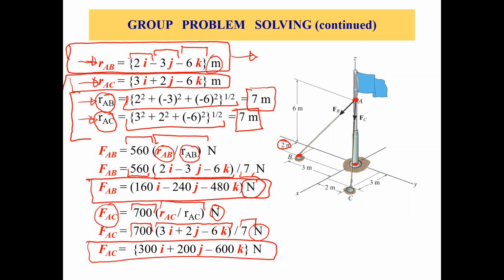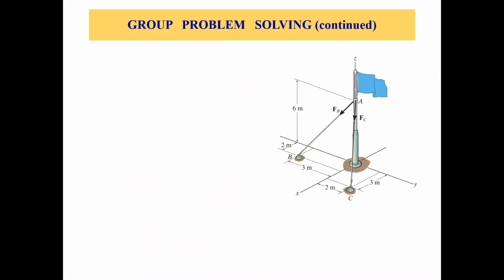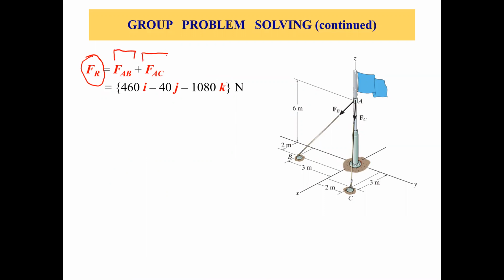So until here, we have found FAB and FAC in Cartesian form. Now, if you remember what we were required to do in this problem, we were required to find the resultant force. So now we can just add FAB and FAC. The resultant force FR equals FAB plus FAC.